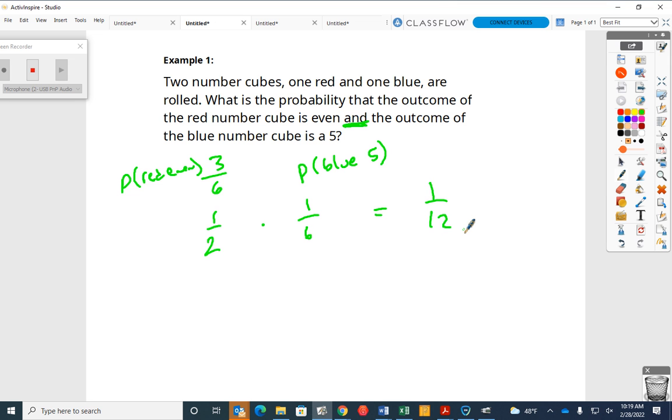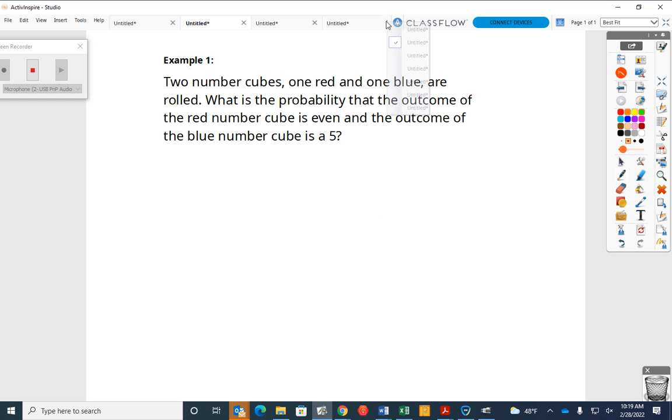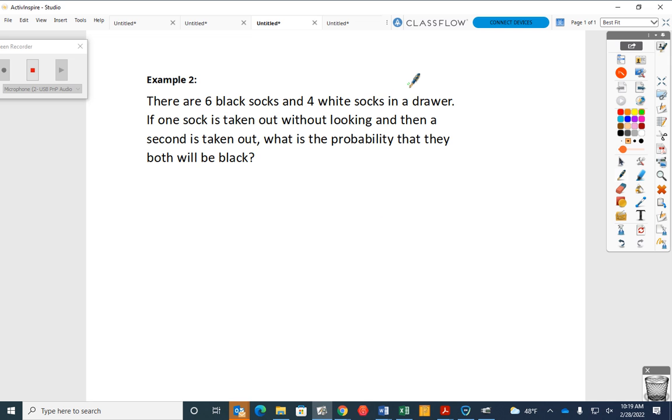Okay, let's look at example 2. I told you guys, this is easy. There are 6 black socks and 4 white socks in a drawer. Do you think it's going to be important how many socks there are? Yes. There's 10 socks, right? This is an example of dependent probability.